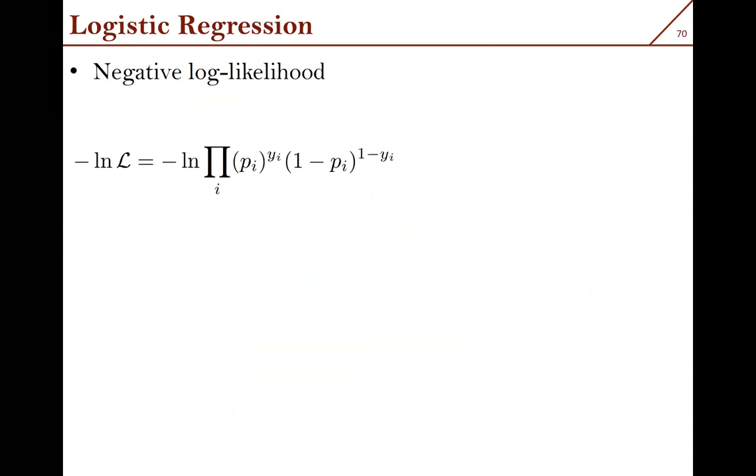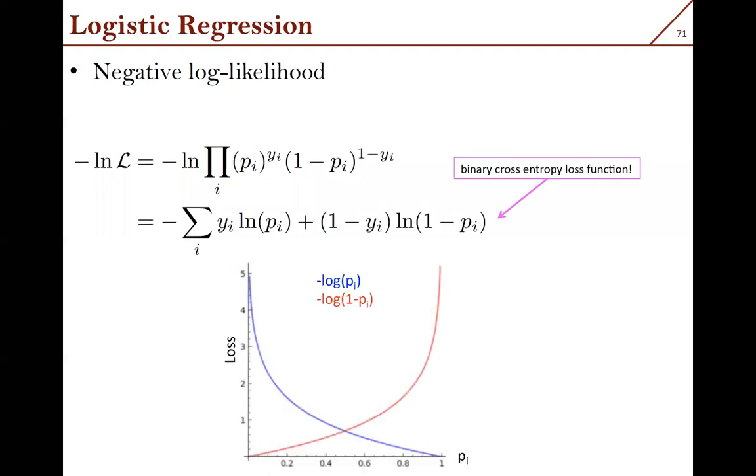So in the case of regression, you have the so-called square error function, which was like a chi-square, right? It was like (y minus h(x)) whole square. In case of classification, it is this so-called binary cross entropy loss function, okay?